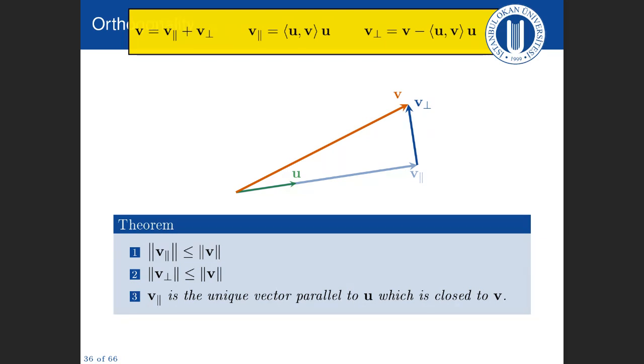If it looks like the picture, that's quite obvious. Number two, the norm of v perpendicular is also smaller than the norm of v. And rule number 3, v parallel is the unique vector which is parallel to u and is closest to v. There's a typo here. This word should be closest.